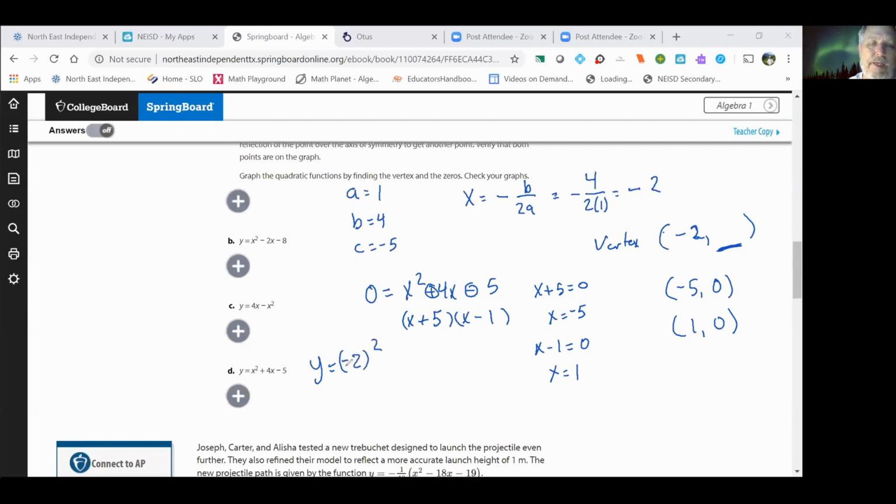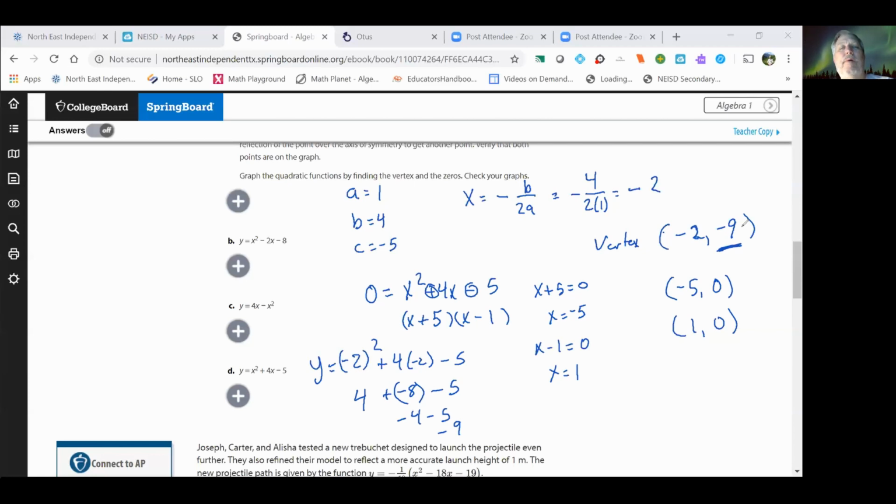Now notice where I put the negative this time, because it's part of the x value, it's going inside the parentheses. Plus 4 times -2 minus 5. So -2 squared is going to be a +4 plus a -8 minus 5. Of course, that means to subtract. So 4 combined with a -8 is going to be -4 minus 5, which of course is -9.